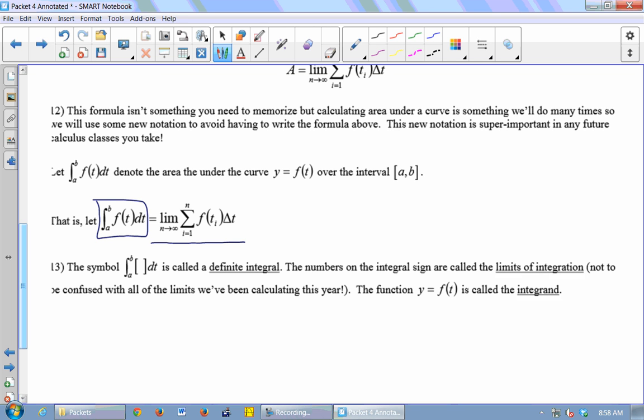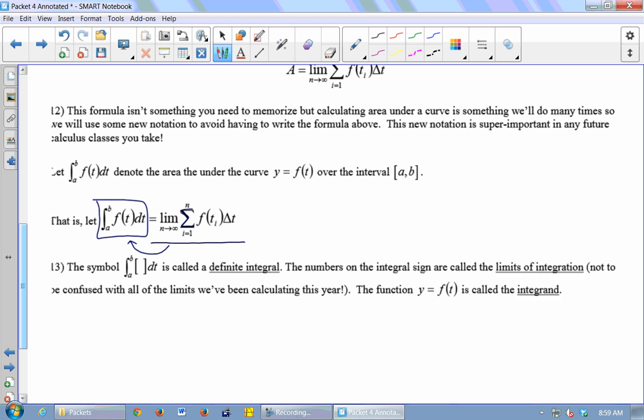So this symbol means sum, right? So the way I sort of interpret how this notation changed into this notation is I said, okay, well, that means a sum, and this is like a long S, right? So I got rid of the limit. So it's like I took that short sum and I elongated it because I'm using lots of rectangles.